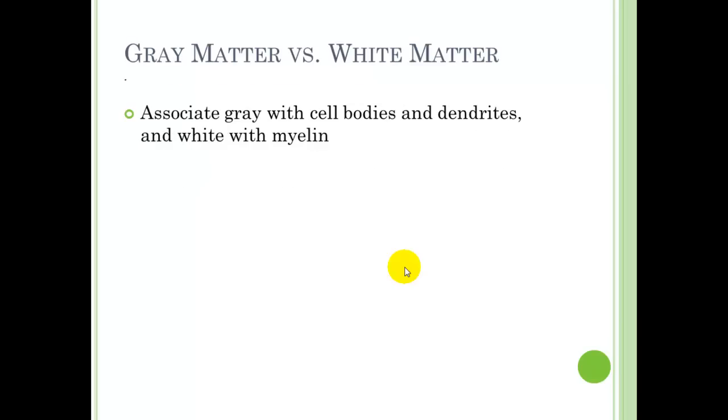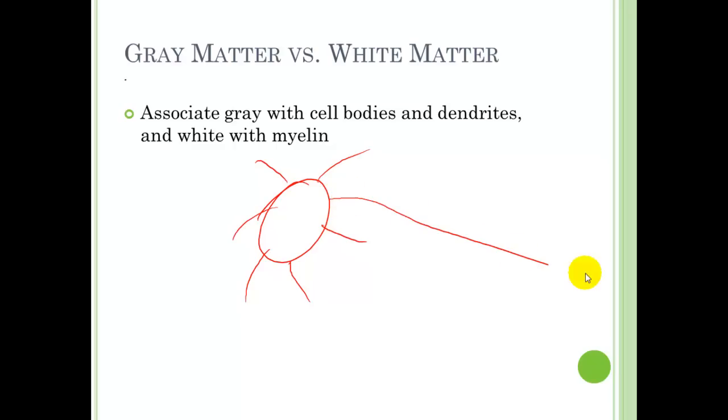Gray matter versus white matter. Associate gray matter with cell bodies. So whenever we talk about cellular bodies, somal bodies, and dendrites, and white matter with the myelin sheaths, or myelin, and this is going to be down the axon ends. And we're going to learn terms here later on to where these things are going to be myelinated.